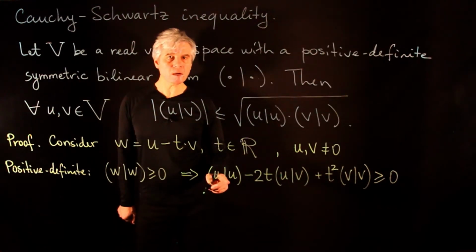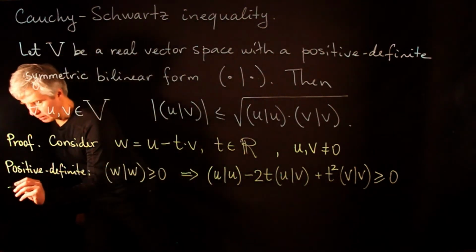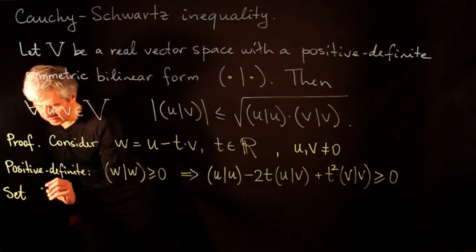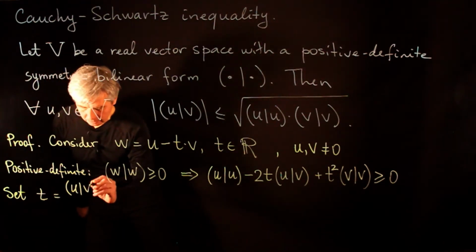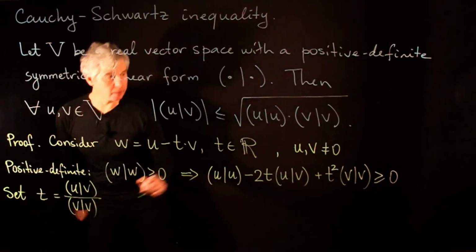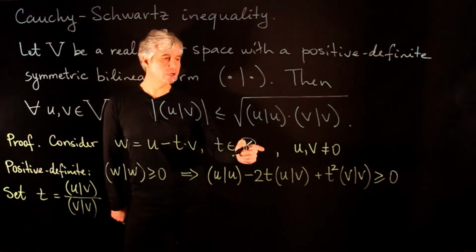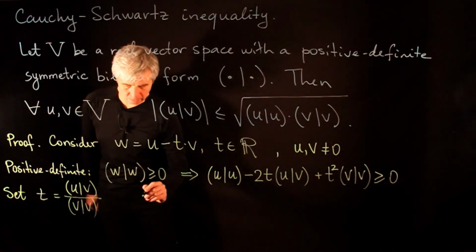Here, t is arbitrary, and now we set it to a particular value. So we set t to be (u, v) over (v, v). And we point out that we have chosen v to be a non-zero vector, so the denominator is non-zero.